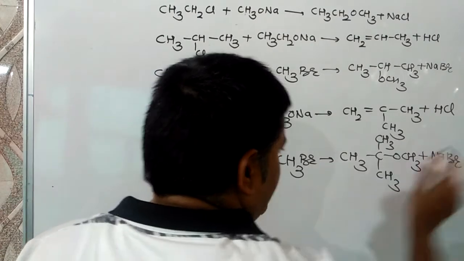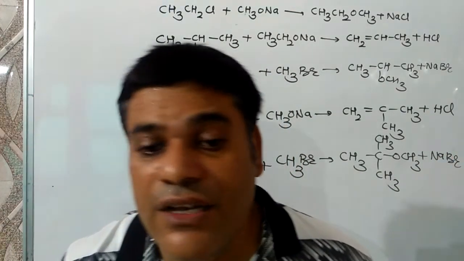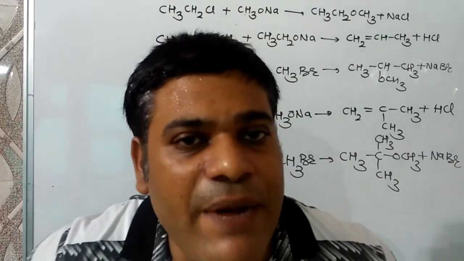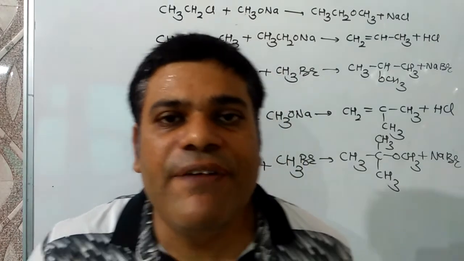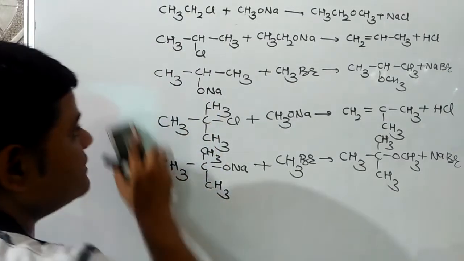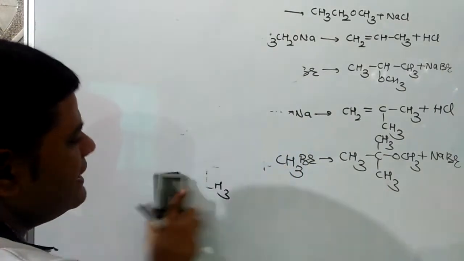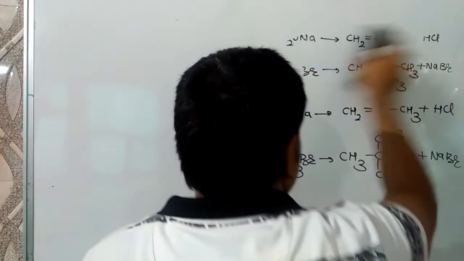I hope you understand. Keep it in mind: if the haloalkane is primary, then ether will be formed, and if it is secondary or tertiary, then elimination takes place, and that's why alkene is formed.